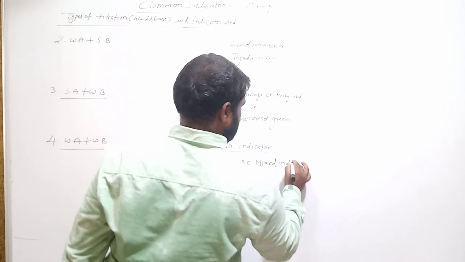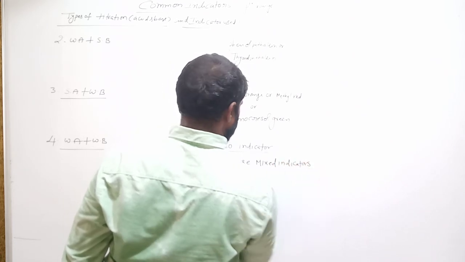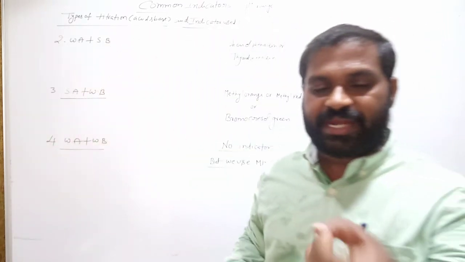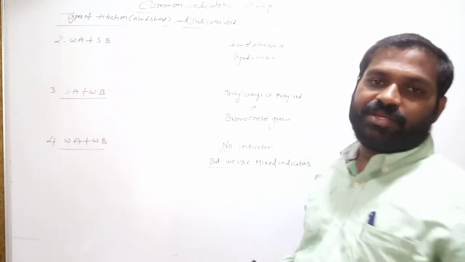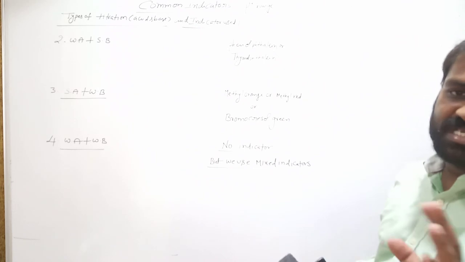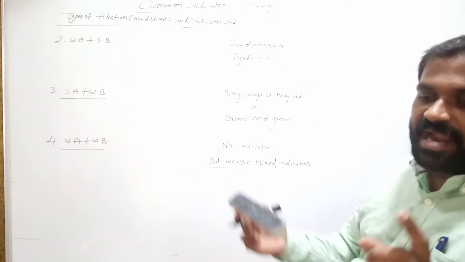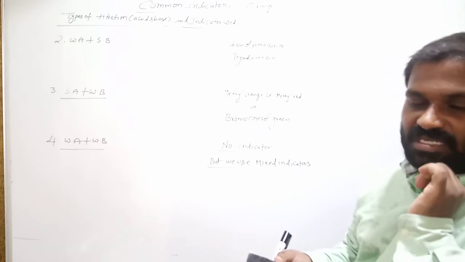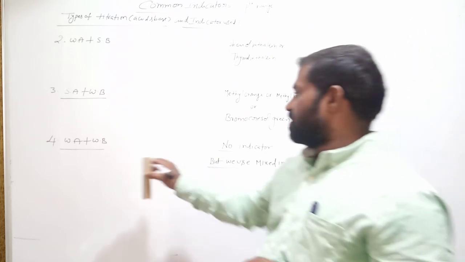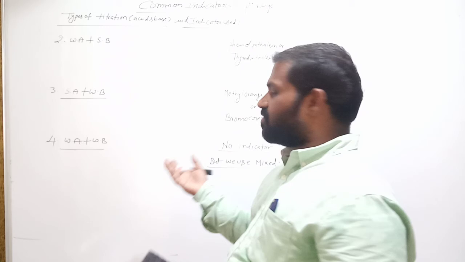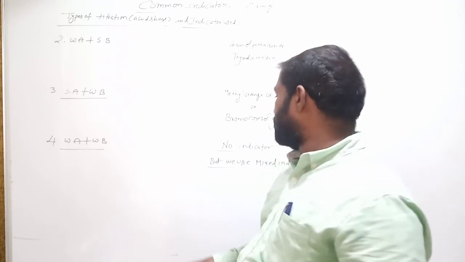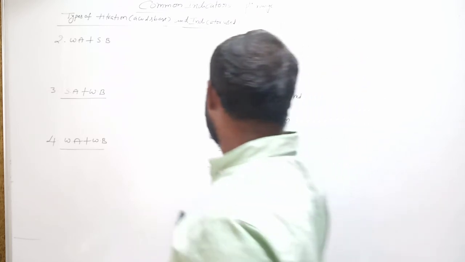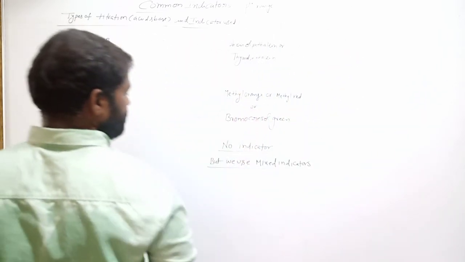Mixed indicators means adding two or more indicators and adding 1 or 2 drops into the conical flask. Is it clear? So not only a single indicator; adding two or more indicators with 1 or 2 drops into the conical flask gives the best result. Since weak acid and weak base are both weak, the titration is very difficult. In that case, we prefer mixed indicators, a combination of indicators. So no particular single indicator like this.